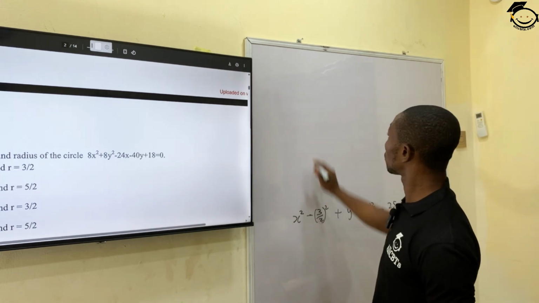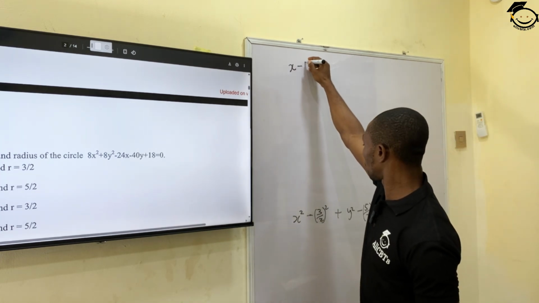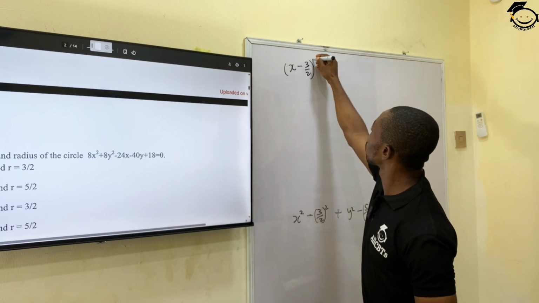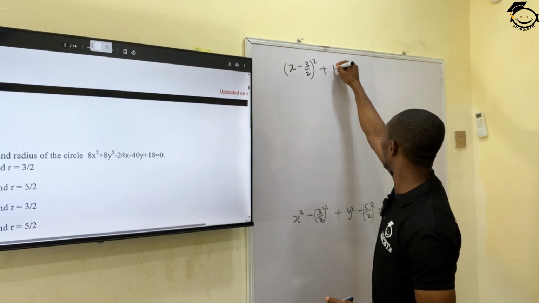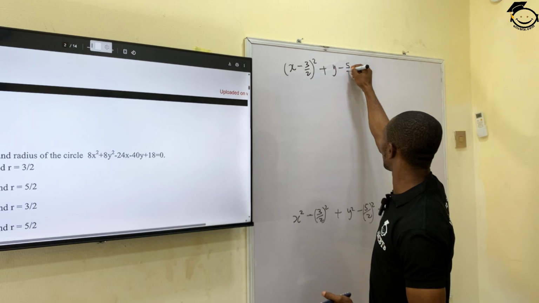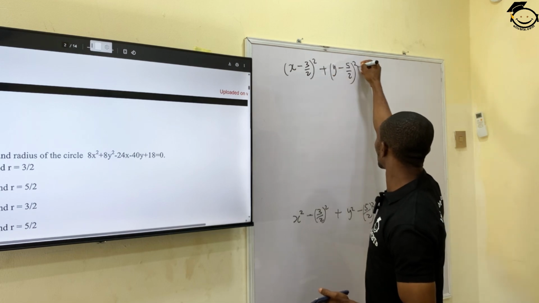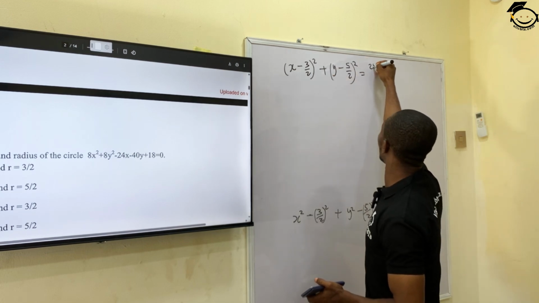So we can write this as x minus 3 over 2 all squared plus y minus 5 over 2 all squared equals 25 over 4.